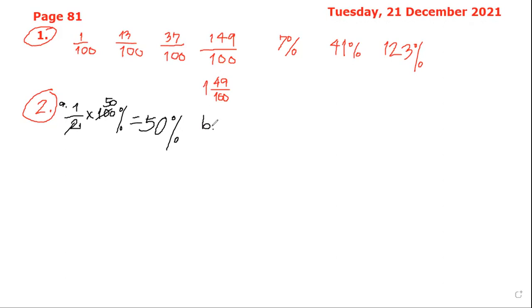What is the answer? 7 over 8. 87.5%. All right. Very good.